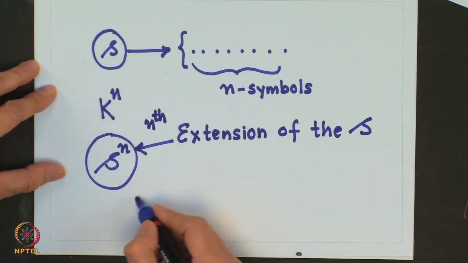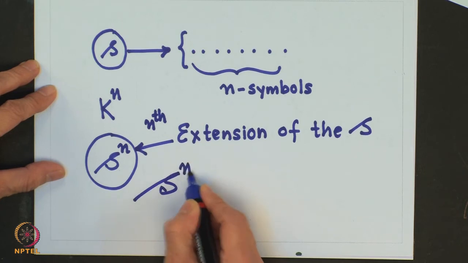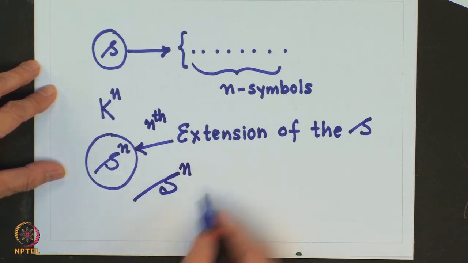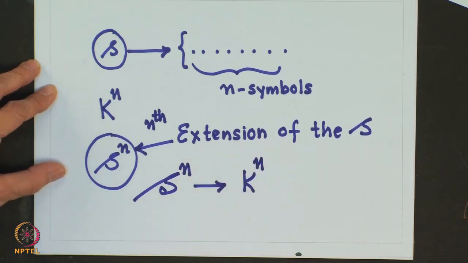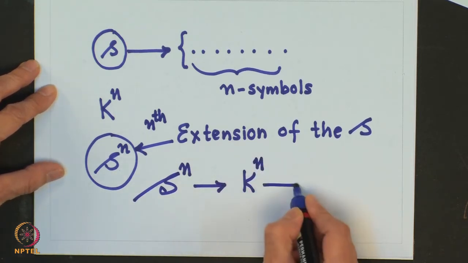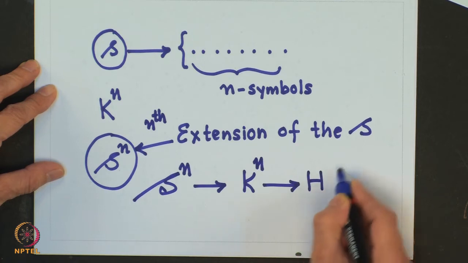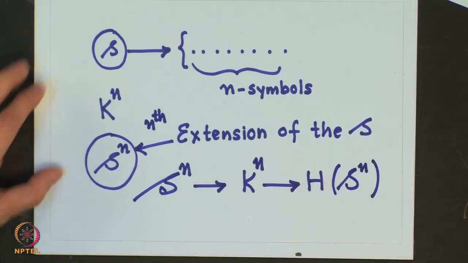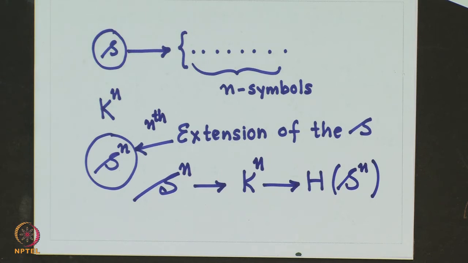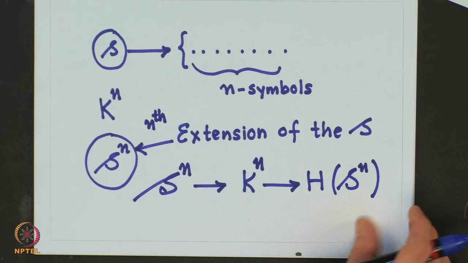So, I will have a new source represented as this. It will have k raised to n symbols, and I am interested in calculating the entropy of this extended source. Okay. So, let us quickly see how to do this.